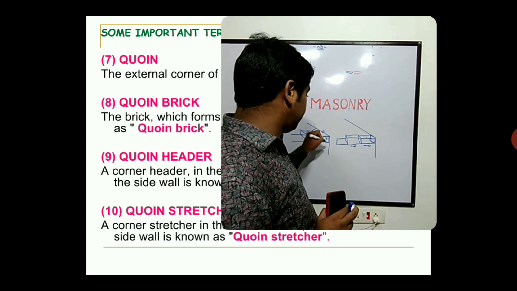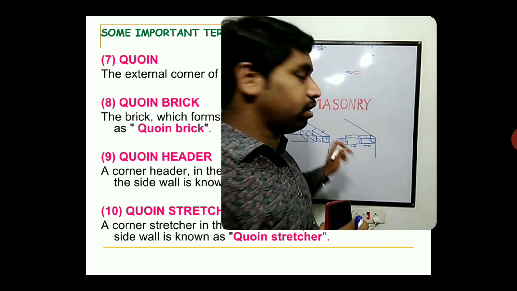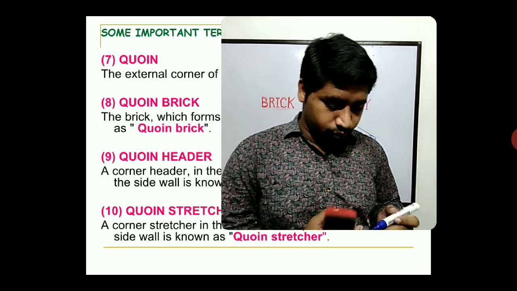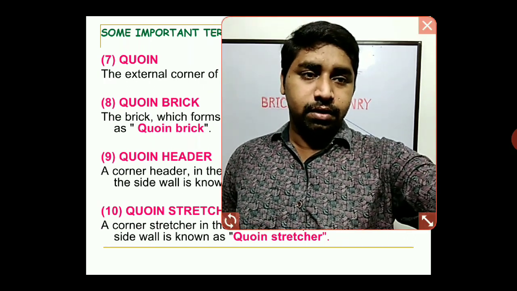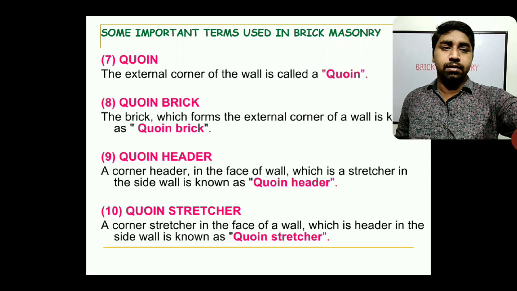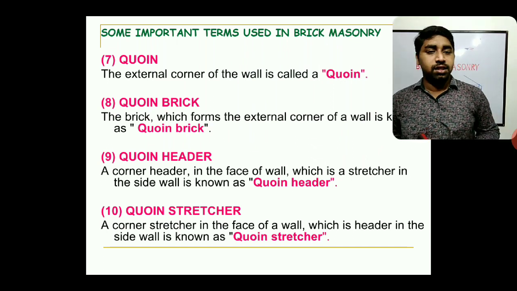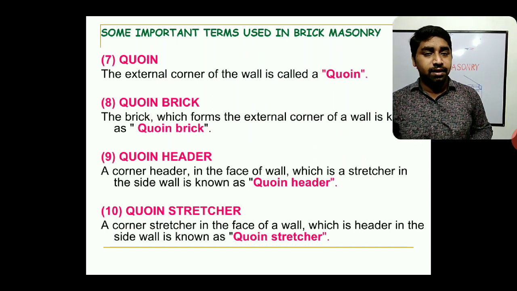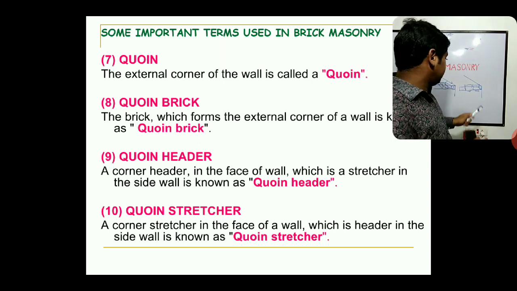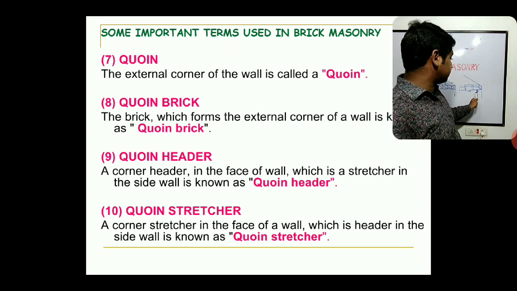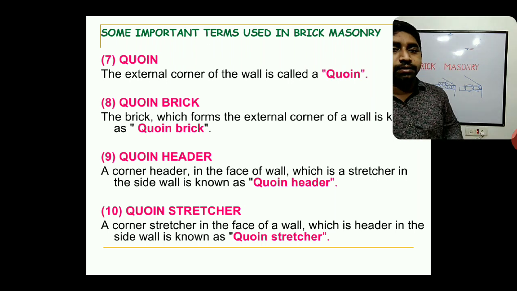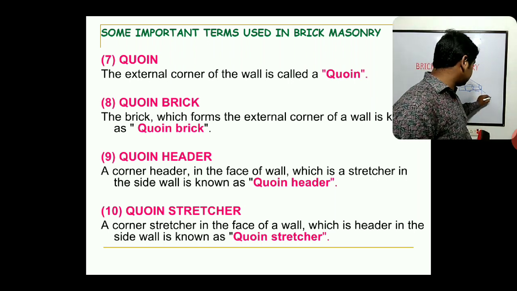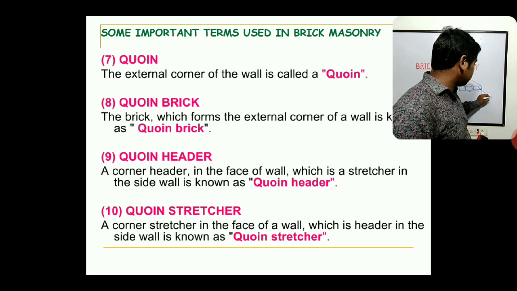Here it is stretcher, here it is header. Okay. So the corner stretcher in the face of the wall, which is a header in the side wall. Here it is a header and here it is a stretcher. So this is what we call Kion stretcher, and this is the corner one.